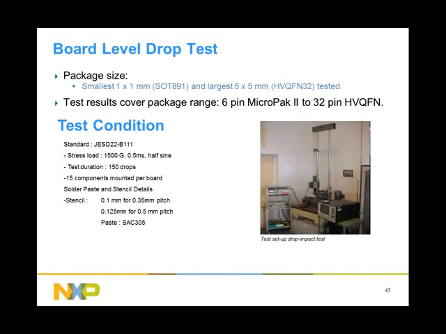The stress load that we put on there was 1,500 g, 0.5 milliseconds, half sine. The test duration was 150 drops, and again, this time we mounted 15 components on the PCB.